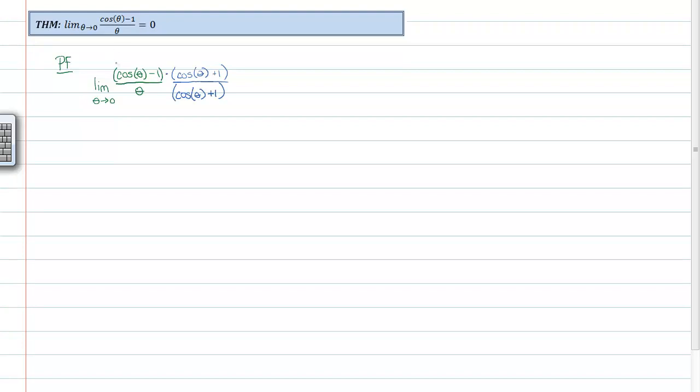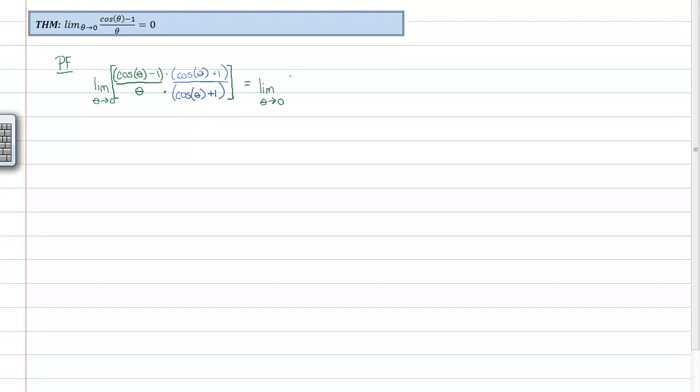And remember that all of that is inside our limit right now. Multiplying like this is not a bad thing because I am not multiplying by 0. That's good. And cosine of theta plus 1 over cosine of theta plus 1 is just 1. That stuff in blue is just a fancy way of writing the number 1. So let's see what happens when we multiply this out.